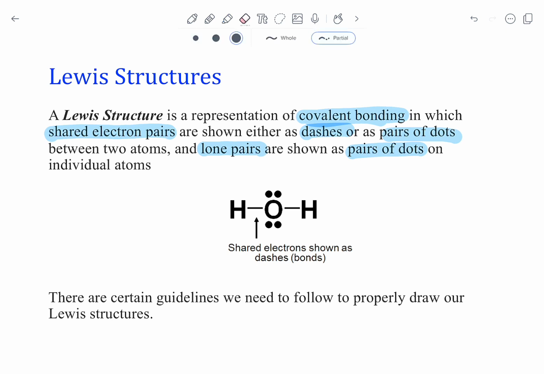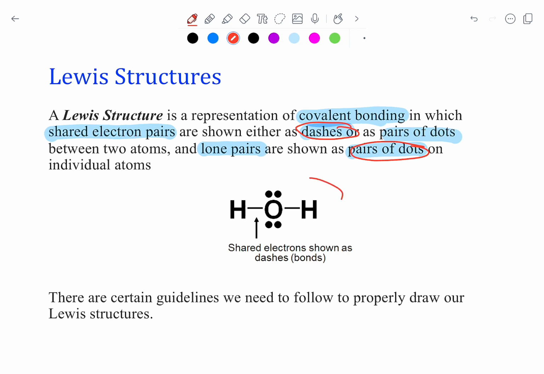Now, like I said before, I'm going to prefer the dashes for shared pairs and the pairs of dots for the lone pairs, just to make sure we know the difference between bonding and non-bonding pairs.